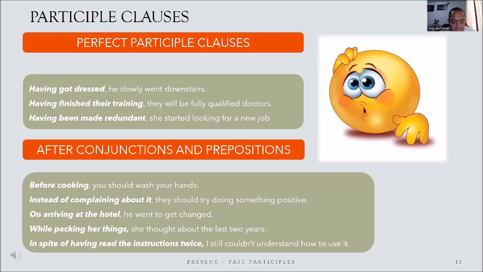Instead of complaining about it, they should try doing something positive. On arriving at the hotel, he went to get change. While packing her things, she thought about the last 2 years. In spite of having read the instruction twice, I still couldn't understand how to use it.